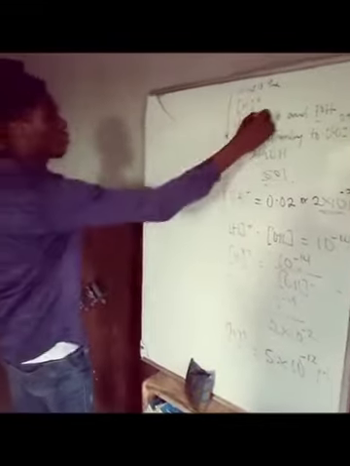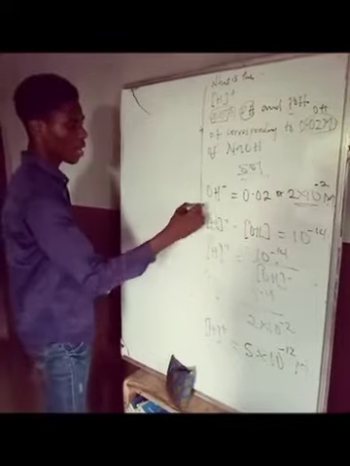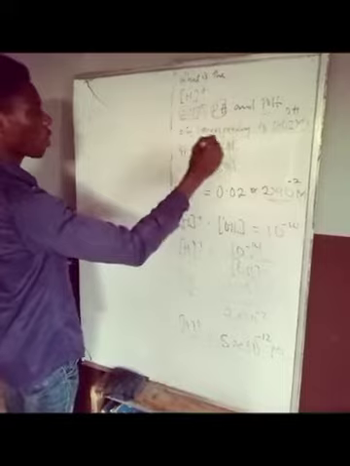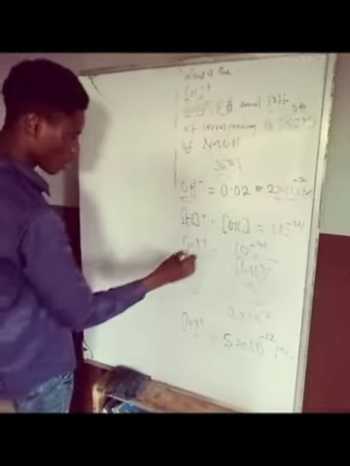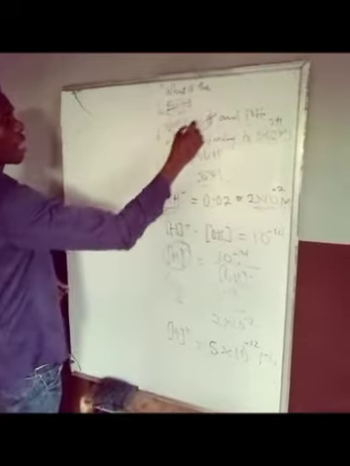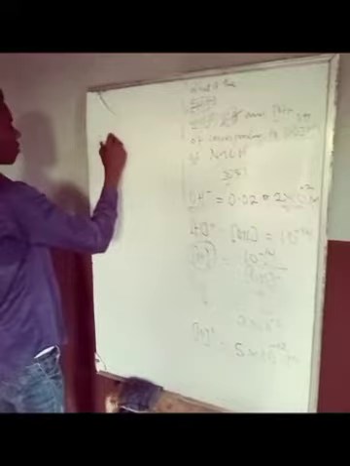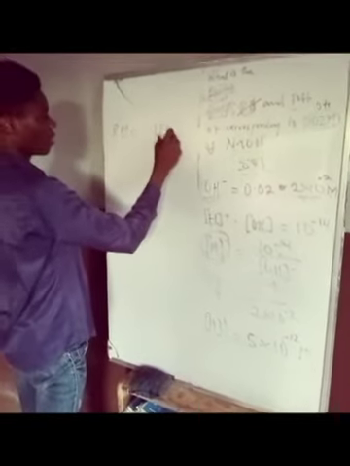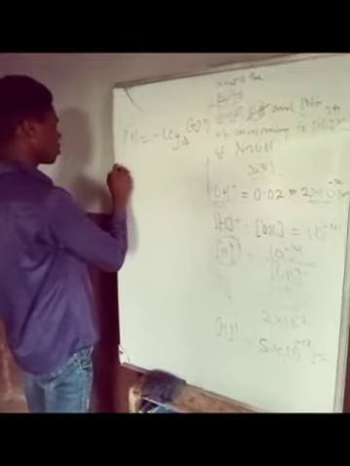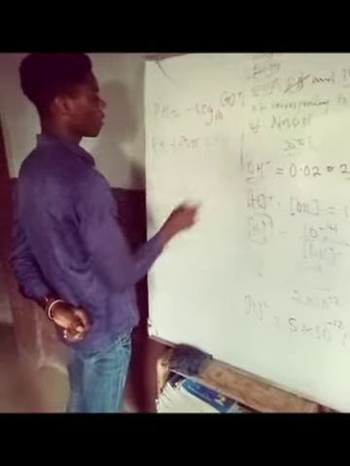So the next thing now is to find the pH. Of course, we can find the pH because we have the hydrogen ion. We can also find the pOH because we have found the OH. We have found the hydrogen ion concentration, which is this, so we can find the pH. To find the pH, we can use pH equals minus log 10 of hydrogen ion, or I can find my pH using pH plus pOH equals 14.